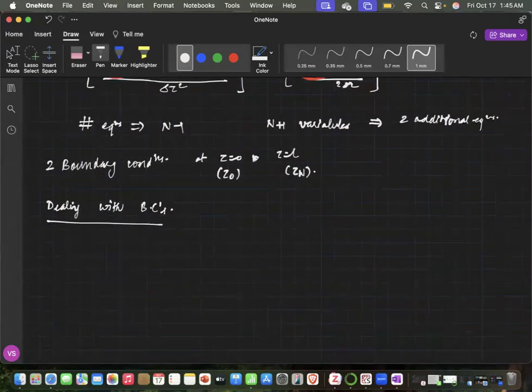Before we go on to deal with boundary conditions, let's see what types of boundary conditions we can expect to see. The three commonly seen boundary conditions are the Dirichlet boundary conditions.